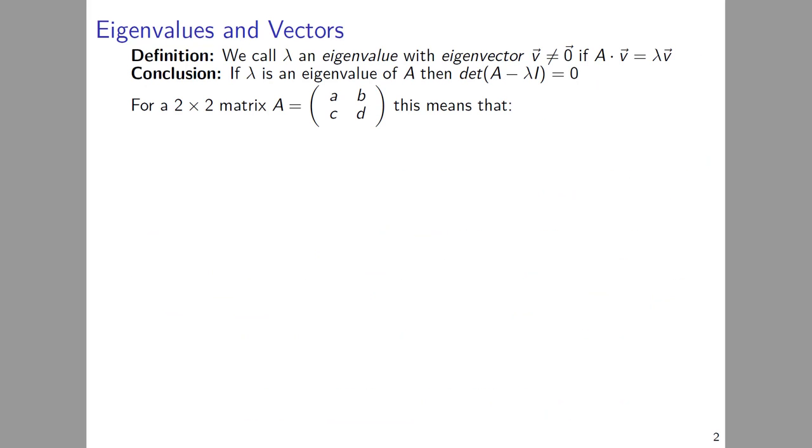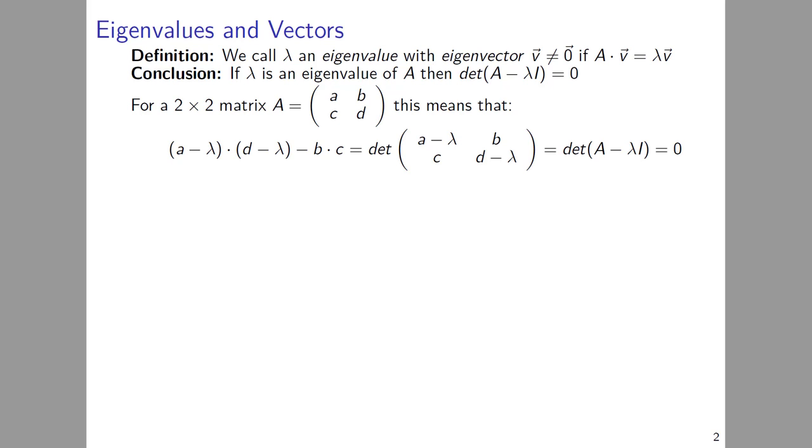For a 2 by 2 matrix A, which we can write as a, b, c, d, this can be interpreted as the determinant of A minus lambda I, which is a minus lambda, b, c, d minus lambda, must have determinant 0. But we know how to compute the determinant of a 2 by 2 matrix. We'll multiply the entries on the diagonal, a minus lambda times d minus lambda, and subtract the product of the entries on the off diagonal, b times c.